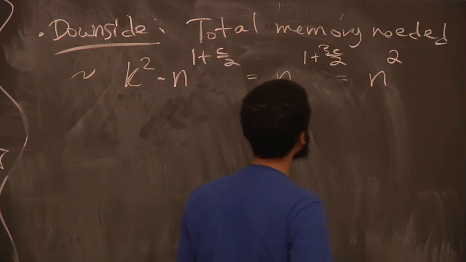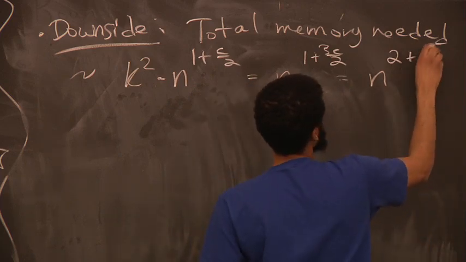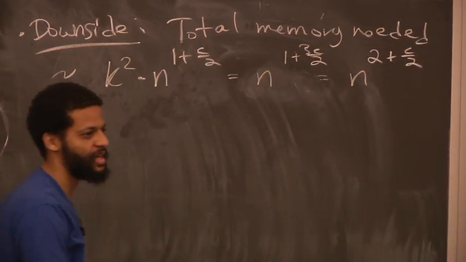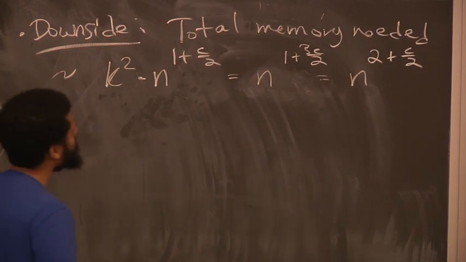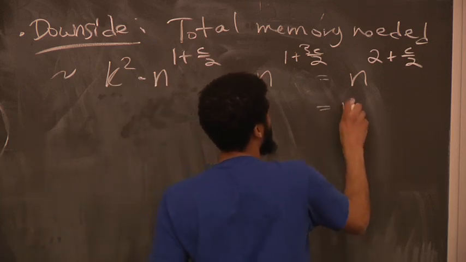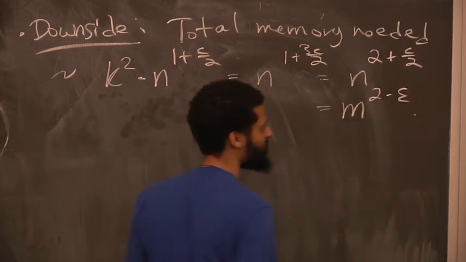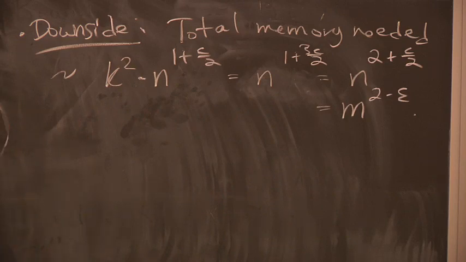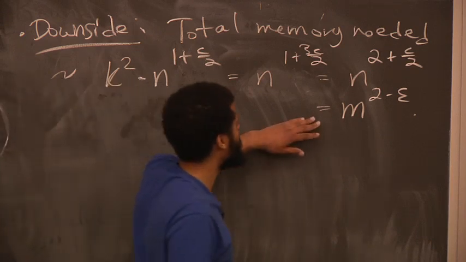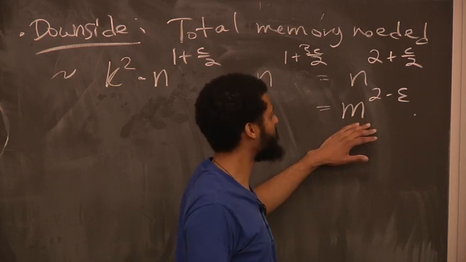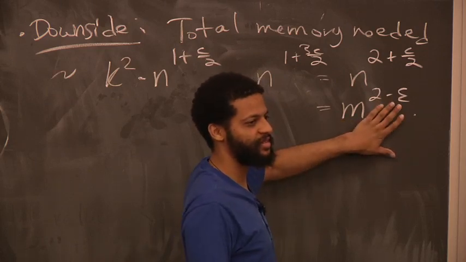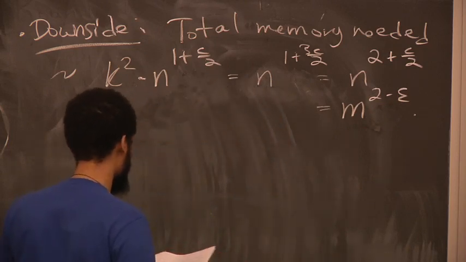So yeah, n to the 2 plus c over 2, something like that, which is basically m to the 2 minus epsilon. So the total amount of memory that you're using is less than sending every edge to every machine, but it's not much less than that, which is not ideal.